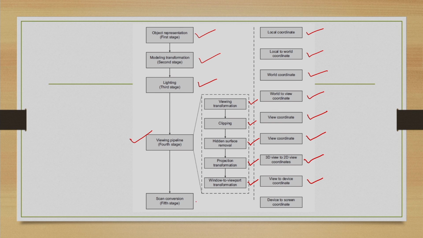And finally, we have scan conversion, which is the fifth stage. Here also some transformation takes place from the device coordinate to a screen coordinate system. So, these are the stages of a 3D graphics pipeline. Now, we have already discussed some of those stages and some of those stages remain to be discussed. What have we discussed?